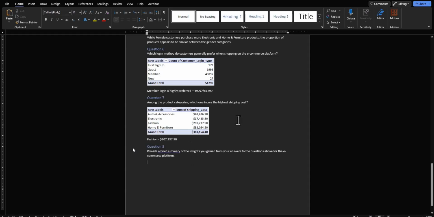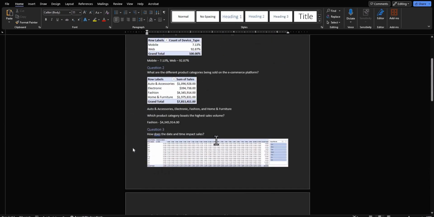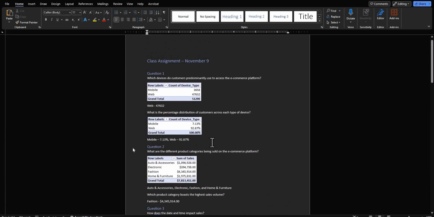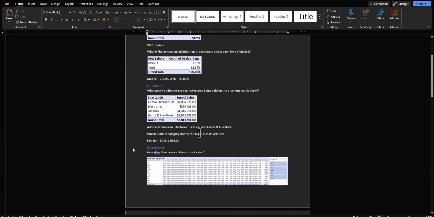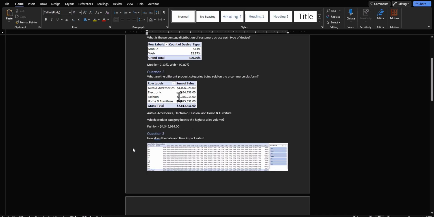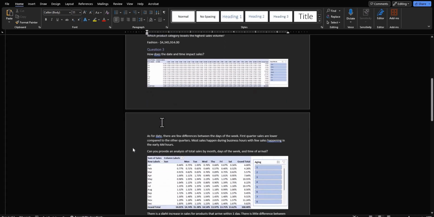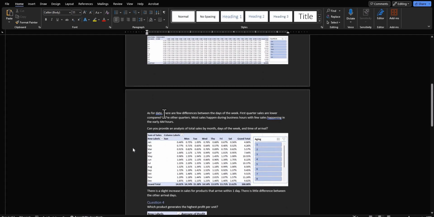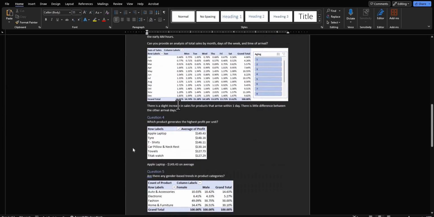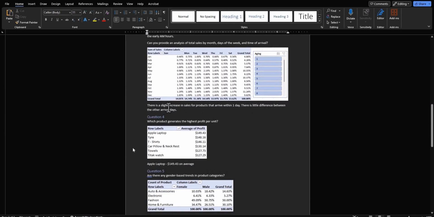Provide a brief summary of the insights you gained from your answers to the questions above for the e-commerce platform. All right. Well, let's take a look and think about this for a second. Most people use browsers. Fashion is our highest selling product category. We do most of our sales during business hours. And our early quarter is poor. First quarter is poor. There's a slight increase for products within one day.